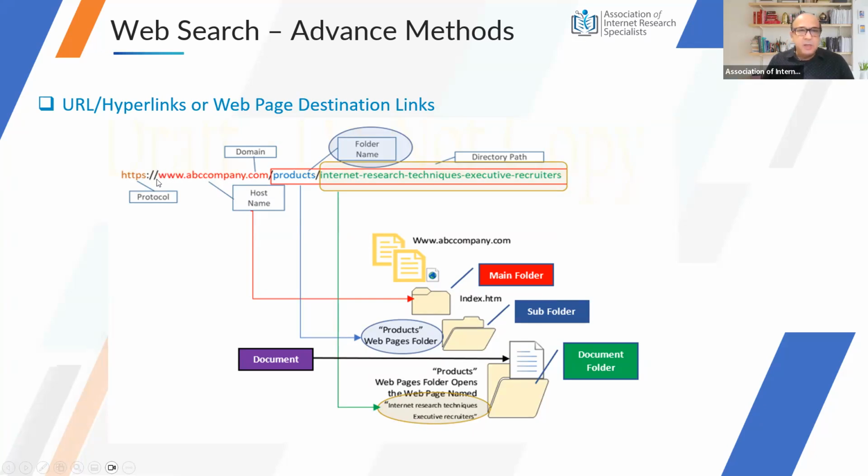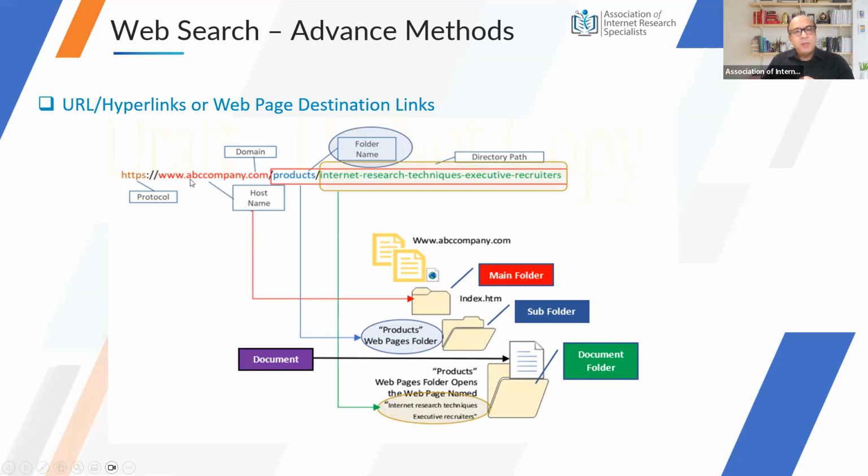The action starts after the two backslashes, where the domain name is set and where you are seeing www, it's no longer required. It is assumed or considered to be there and there's no need to write it. So these days you see the link without showing the www.